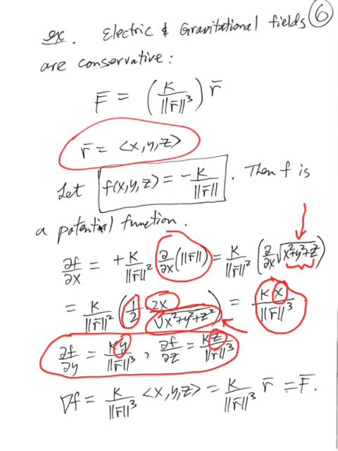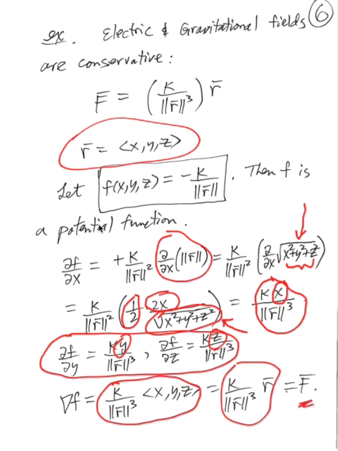And if you put them all together in a vector then, you see that you're actually going to get kx over magnitude of r cubed, ky over magnitude of r cubed, kz over magnitude of r cubed, which can be written more compactly this way, which is our original F.